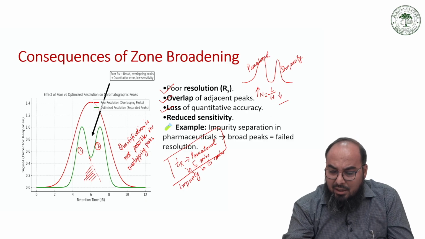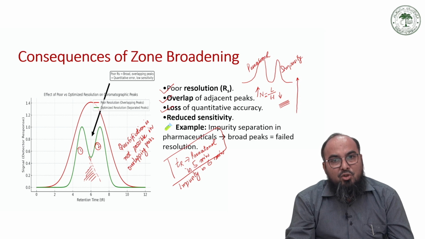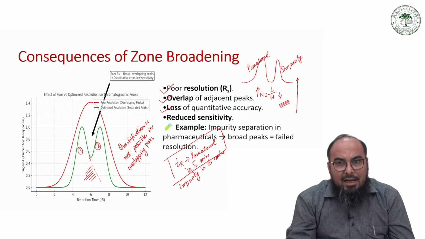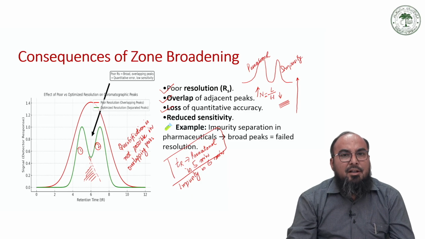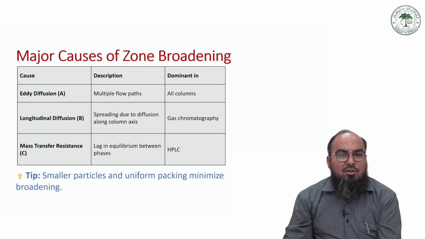That is, the theoretical plate height must be as small as possible and the length of the column must be as long as possible, so that you can have an ideal column where you can separate the different peaks with regard to their elution pattern. So what are the major causes?